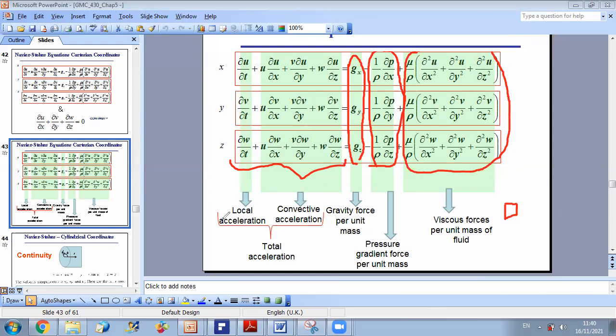We'll do together several examples to see how we can apply these relations for certain typical, particular cases where we can obtain a direct analytical solution.